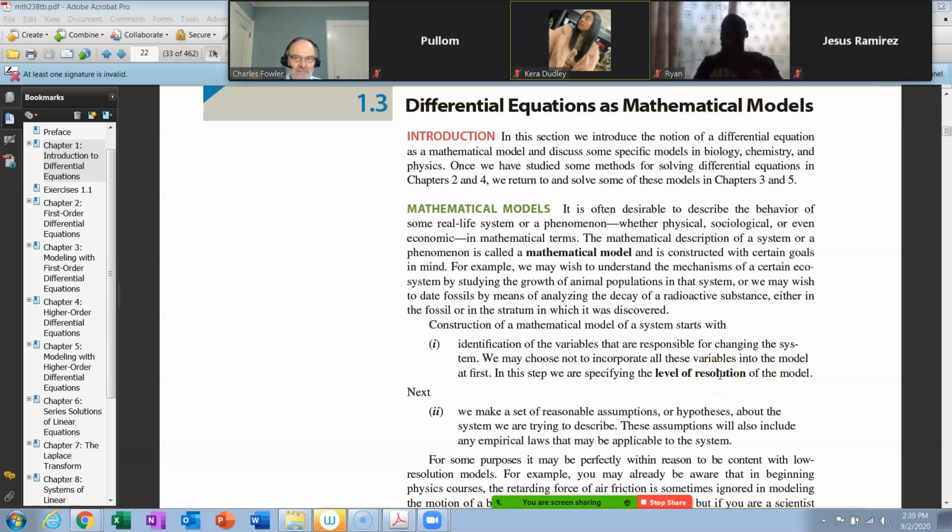Okay, now if you're just trying to get a ballpark thing, usually you try to limit the number of independent variables, because if you get too many out there, yeah, you may be able to model a system very precisely, but then you have all these variables you've got to figure out the relationships from, and it may be very, very, very difficult to do.